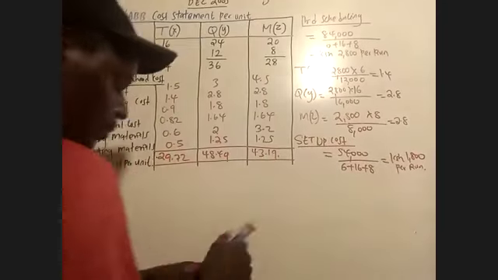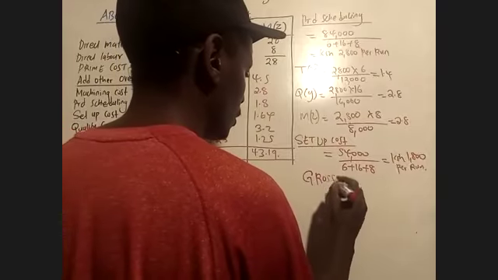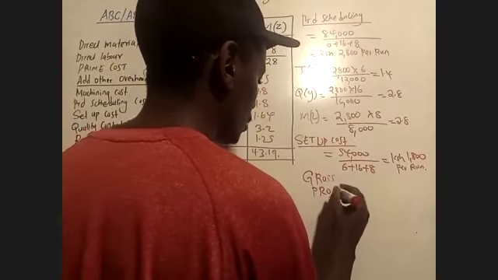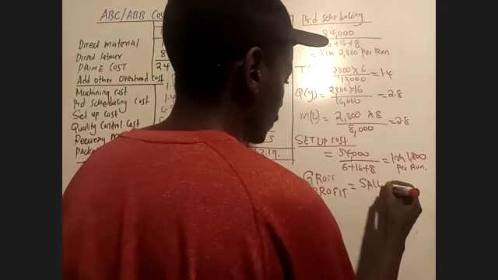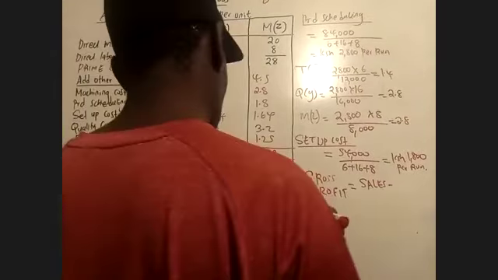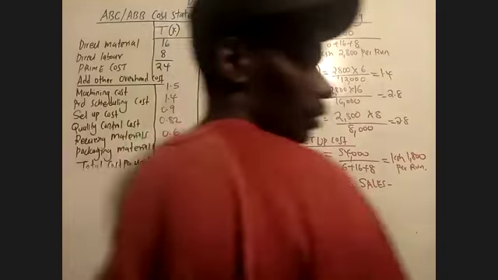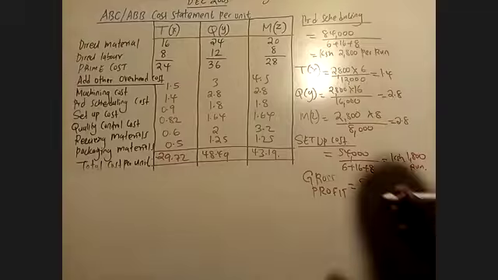Now we know gross profit. Gross profit is equals to sales minus. Now the question is about gross profit. Kama gross profit ni minus contribution.